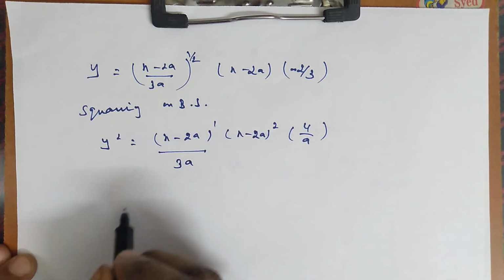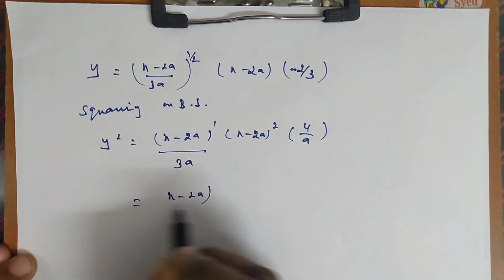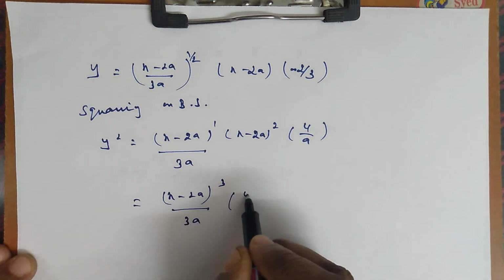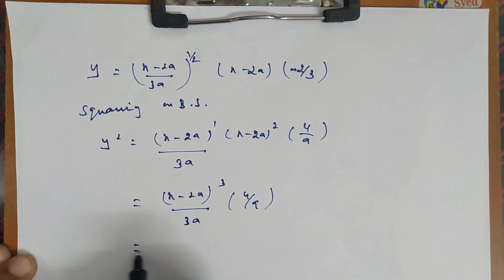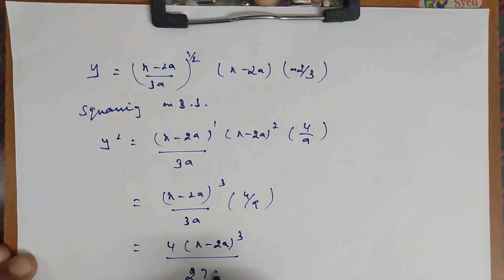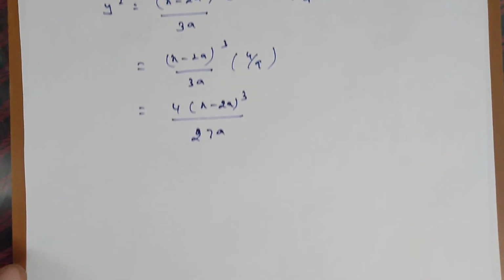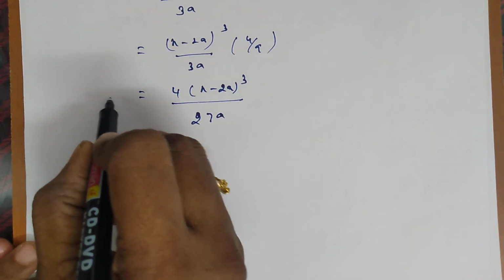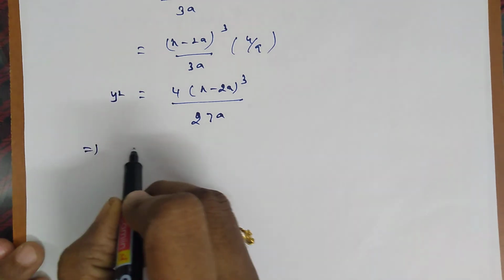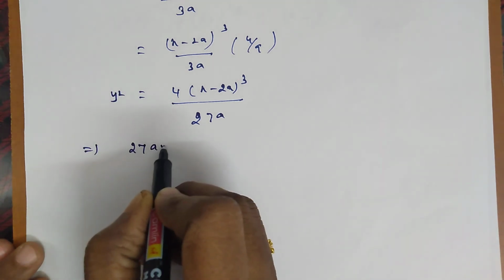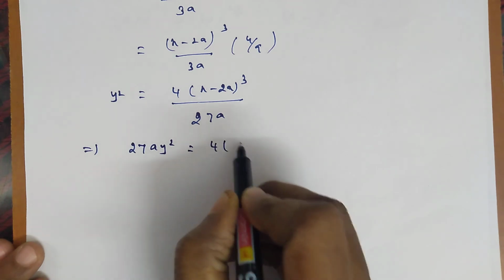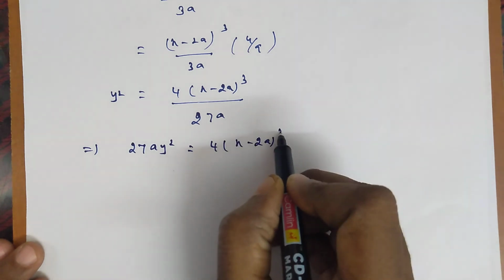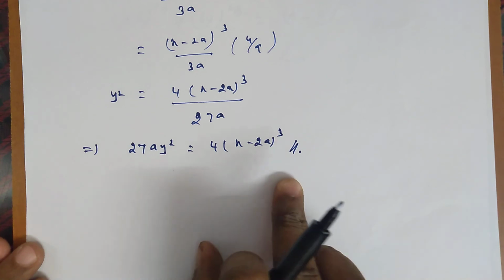So totally we get x minus 2a power 3 divided by 3a, into 4 by 9, which is 4 into x minus 2a whole power 3 by 27a. The left hand side is y square, which implies 27a y square equal to 4 into x minus 2a the whole cube. So this is the required equation of evolute.